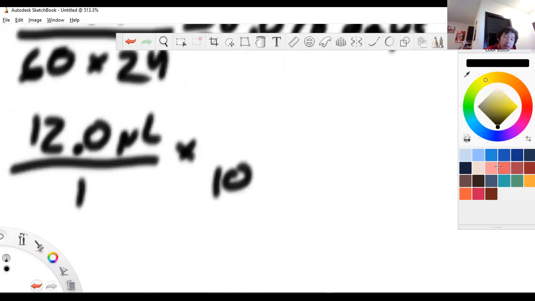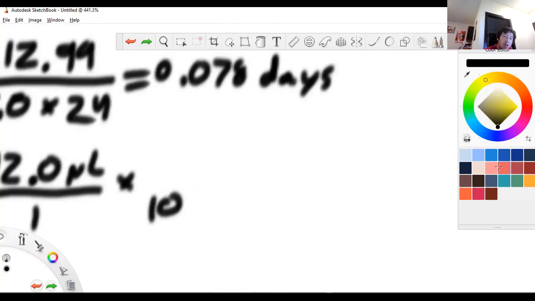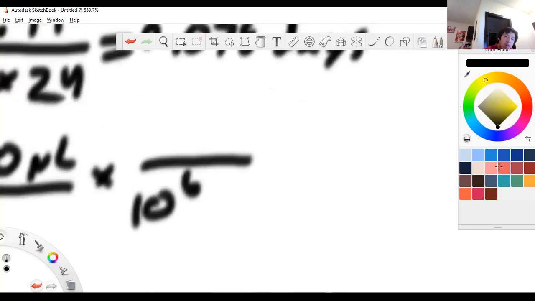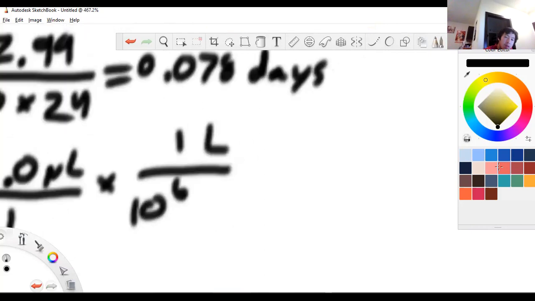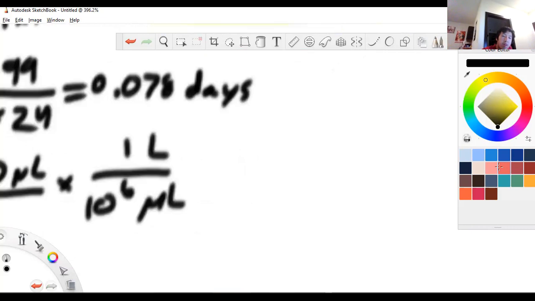It is 10 to the -6 liters over 1. Then 1 liter into cubic centimeters is 1,000.